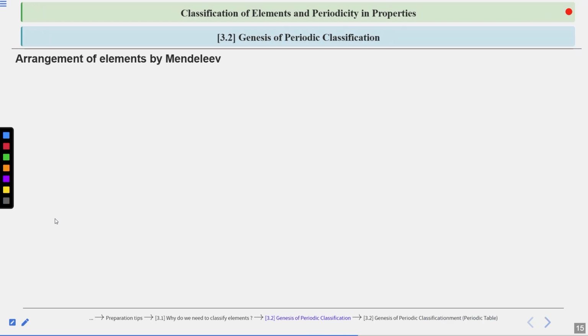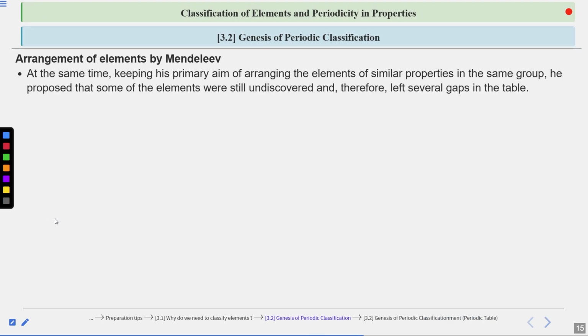Now next, this was the most miraculous point of Mendeleev. What he did was leave some gaps inside his table. For what? For those elements that were not discovered.